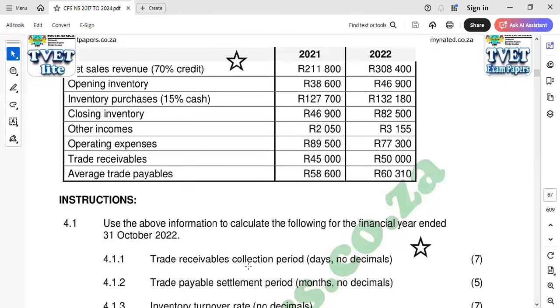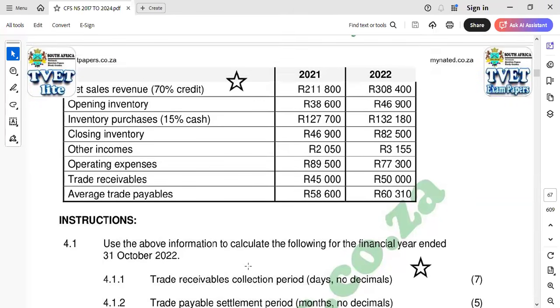This is what we are having here: closing inventory. I hope you can see that. We are having inventory, which is 46,900 and 82,500.